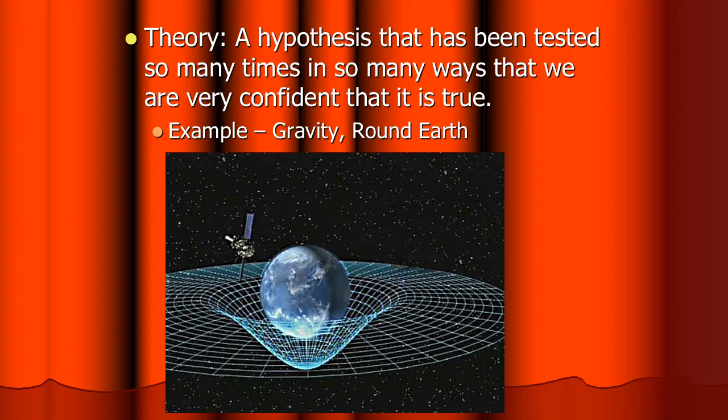So some examples include gravity and the fact that the Earth is round, which you can see both of these ideas in this picture. Now, if you go on the internet and look up flat Earth theory, you'll actually see a lot of pretty convincing evidence that the Earth is in fact not round, but is flat. I think there's better evidence that shows that the Earth is round.